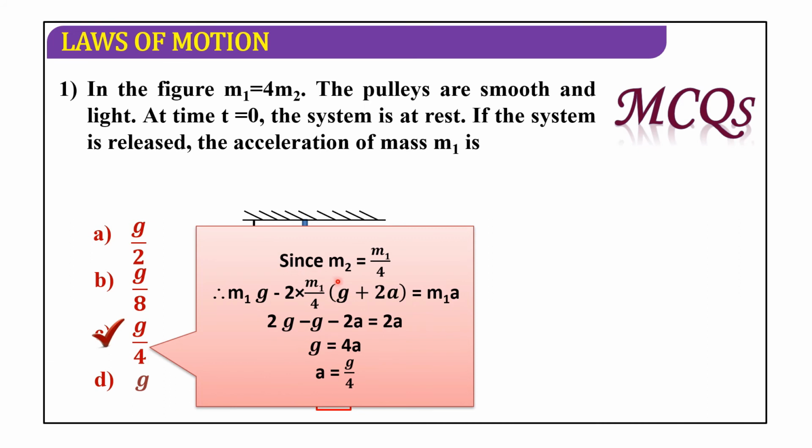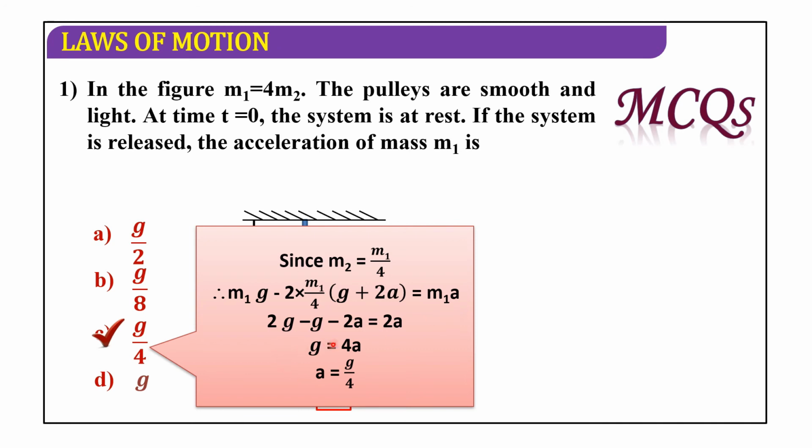Since in this question they have given us m1 is equal to 4 m2, from this m2 is equal to m1 by 4. So m1g minus 2 into, in the place of m2 we are writing m1 by 4 of (g plus 2a), that is equal to m1 into a.